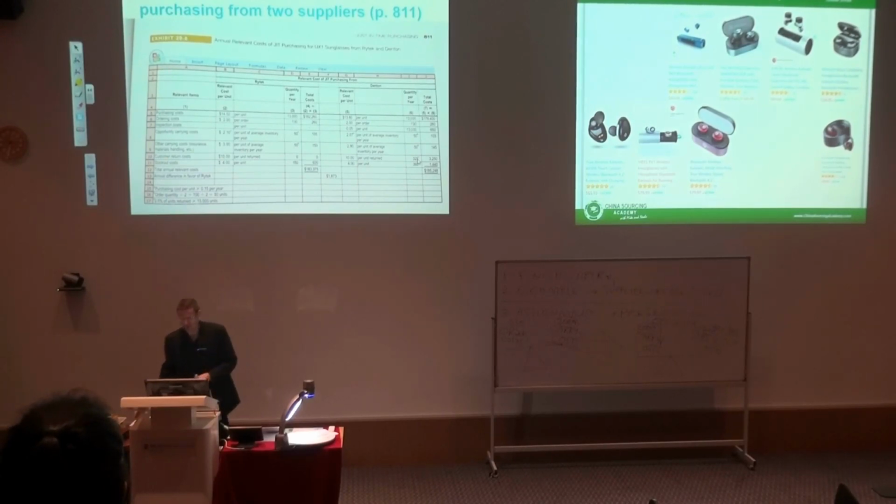And so what's the big idea here? All right, we have one supplier, Rytec, and the other one, Denton, and the purchasing costs are at one stage. It's less for Denton, it's more for Rytec. Notice the ordering costs.